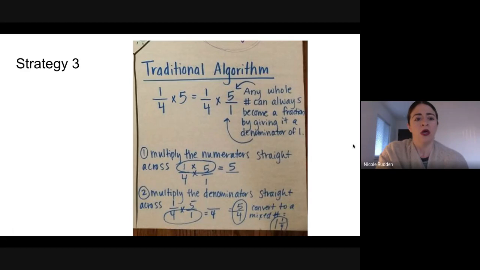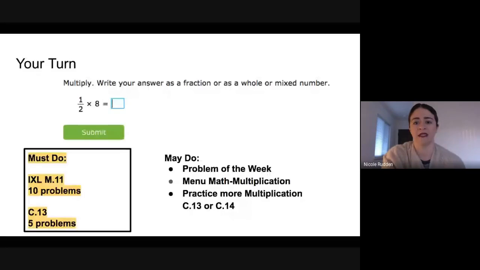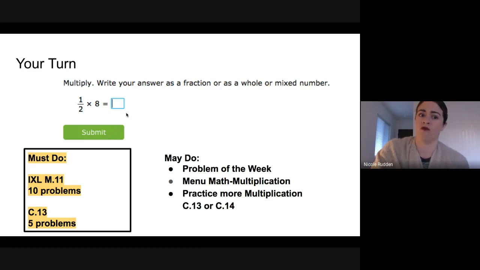So now it's your turn. I like to show you a snapshot of what IXL is going to look like today. Here's an example problem where it says multiply and write your answer as a fraction, a whole number, or a mixed number. IXL will accept either of those. One thing that might be confusing is that in this box right here, you can actually put a fraction. So let's say your answer is 8/2.